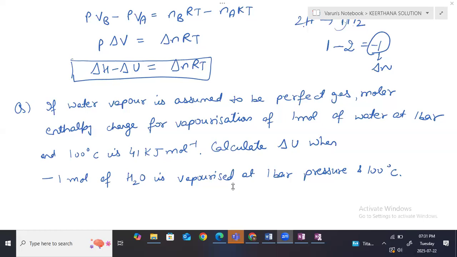What is delta n in this case? 1. And what is R? 8.31. And what is T? 100. No, we have to take the temperature in Kelvin only. Always take temperature in Kelvin whenever you do numericals of thermodynamics. Okay, ma'am.